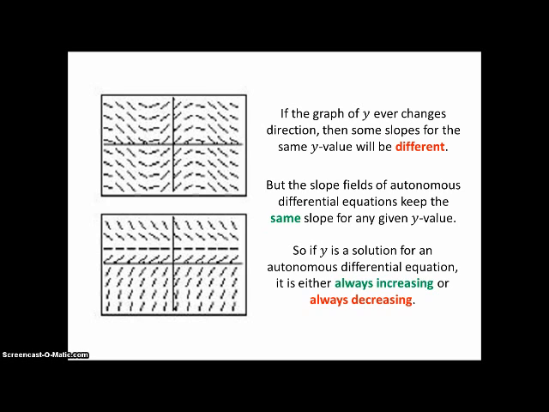Okay? So for instance, look right here. At 0, we know the slope is positive. So if we have a fixed point on the graph of a particular solution at that y value, where x is 0, then we'll know that the entire graph is increasing.